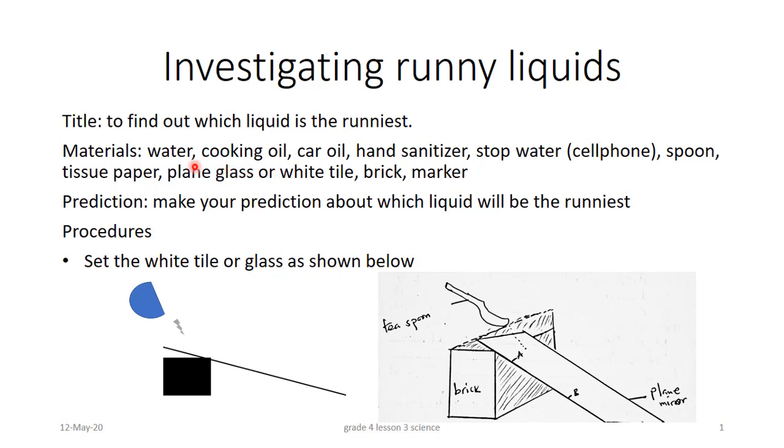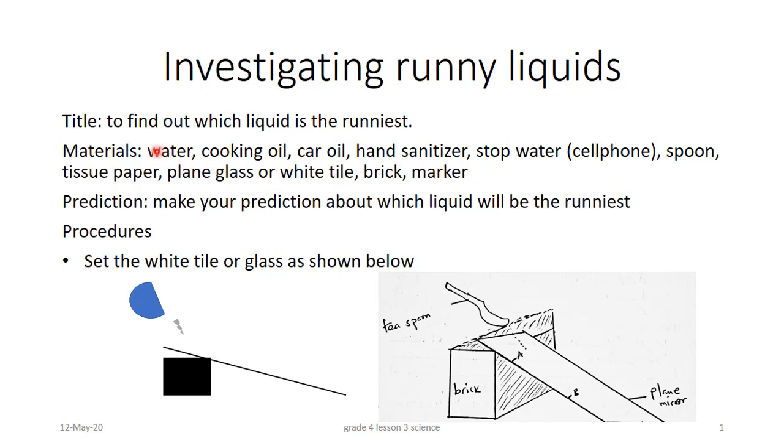If you don't have a glass mirror, you can use a white tile. Then you need a brick. If you can't get a brick, get something like a box, which will help you to hold the glass a little bit slanted. And then you need a marker.